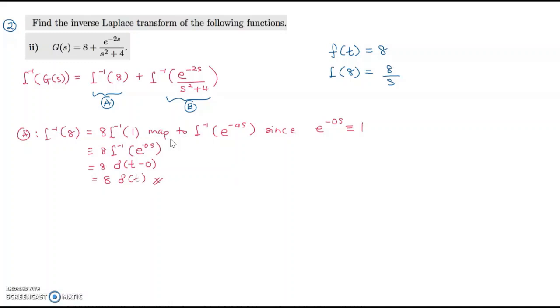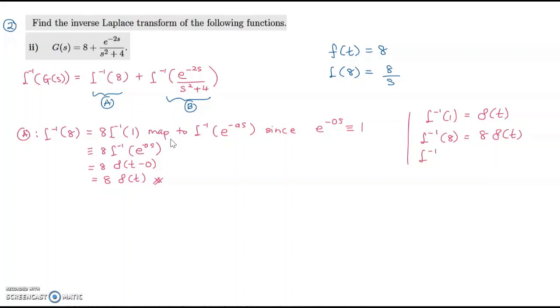So that's it. It simply means whenever you have the inverse of a constant, the inverse of 1, then it is delta t, which is actually delta t minus 0. So if you have the inverse of 8, it is simply 8 delta t.